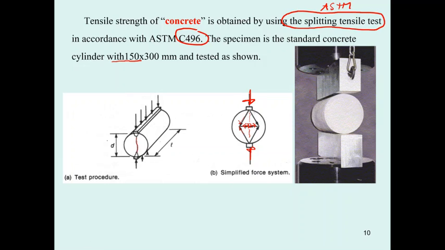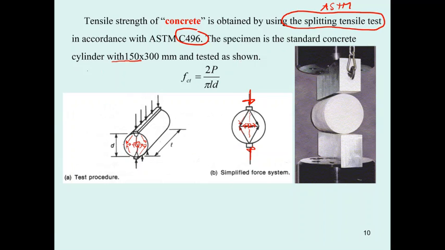One of the stresses is put here and another here, and they are going to have stress that pushes in this direction. The same thing occurs here, and there is stress produced in this direction. However, by Newton's third law, there is going to be tensile stress across the section of the cylinder, and then you can compute the tensile strength of the concrete.